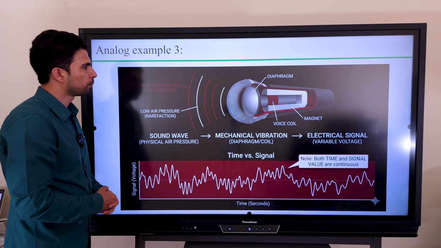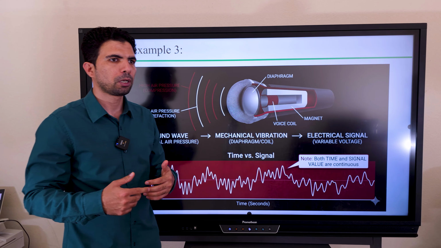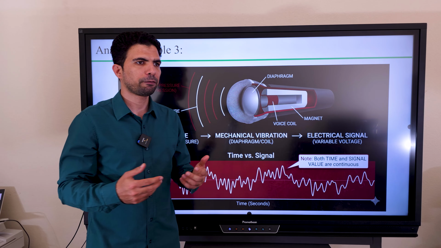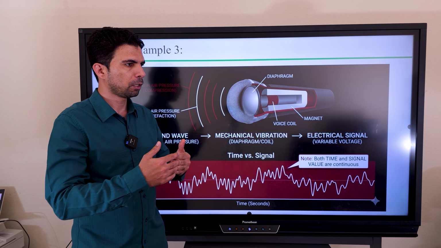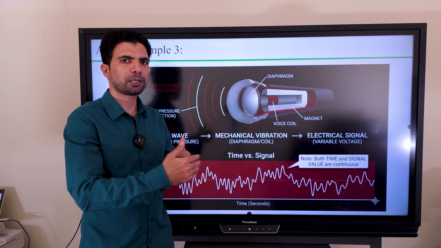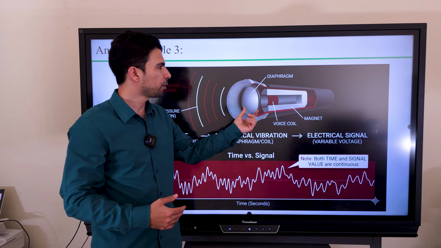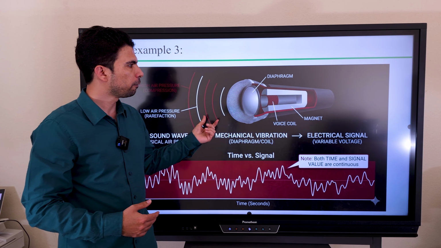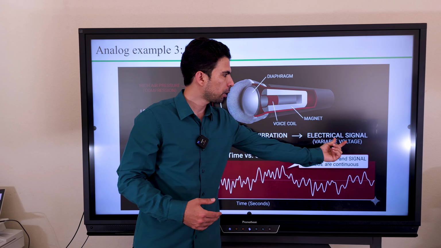A third example, the sound. When we talk or have any sound source, this sound source makes variations in the air pressure. As you see, we have variations in the air pressure. We use the microphone to convert the air pressure variations into an electrical signal.